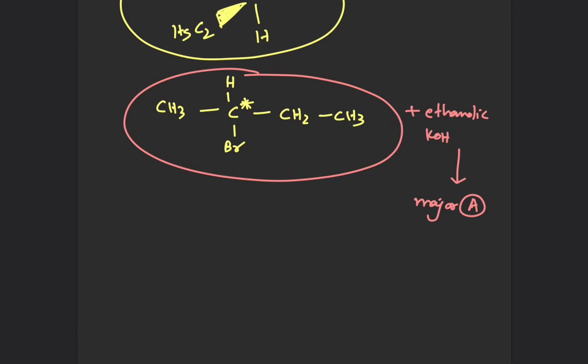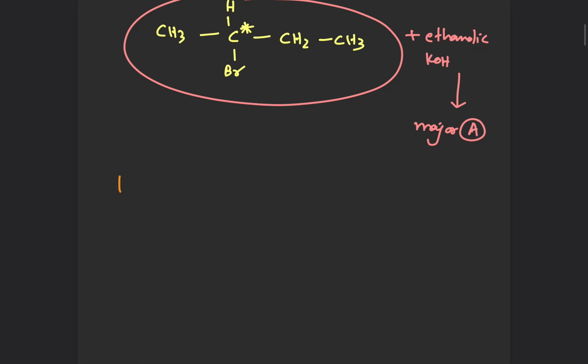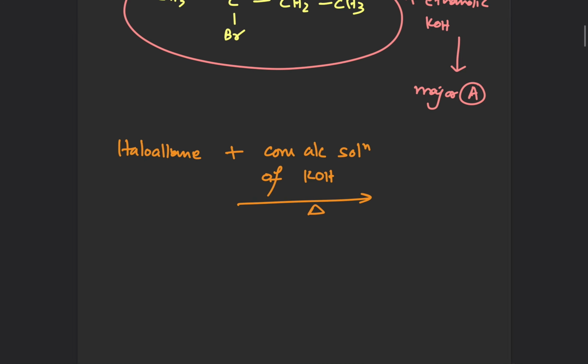Very important. So in general, when we have haloalkane plus concentrated alcoholic solution of KOH and obviously heat, we get HX plus an alkene.